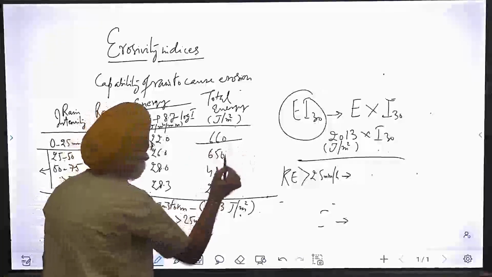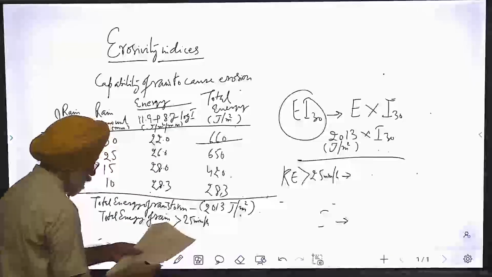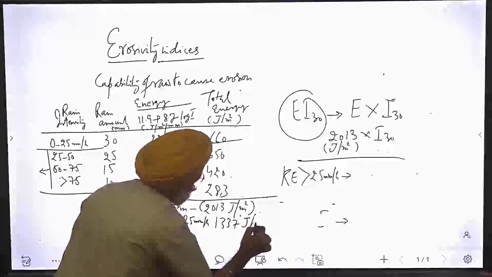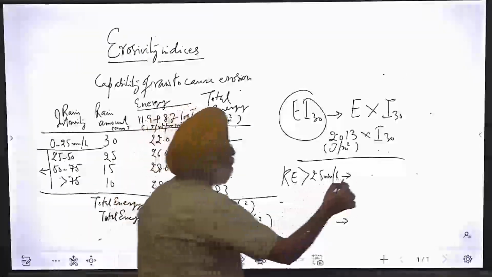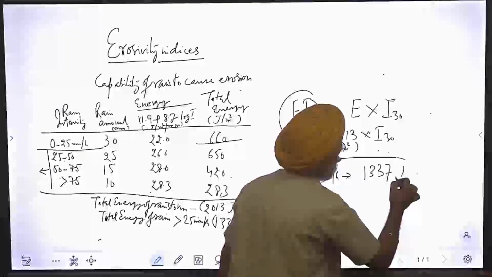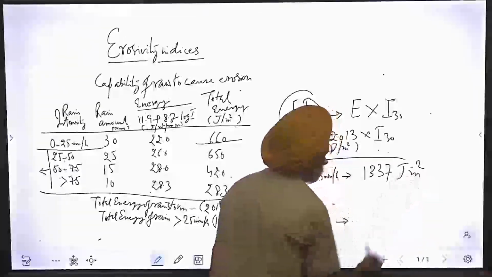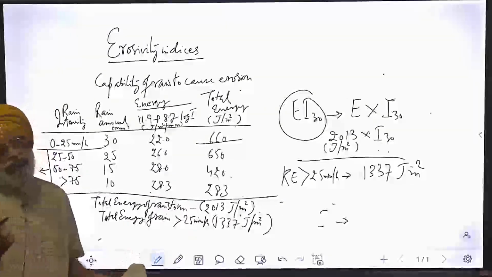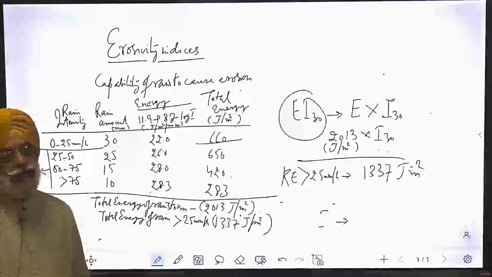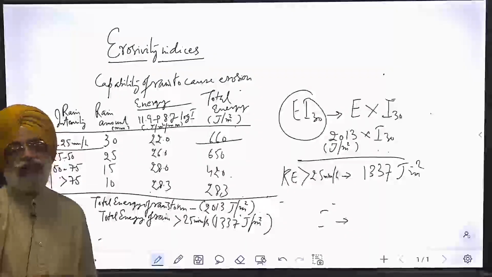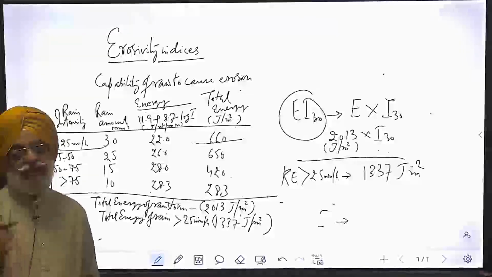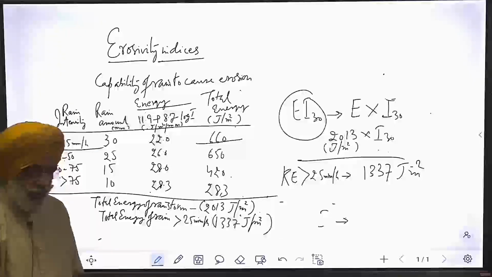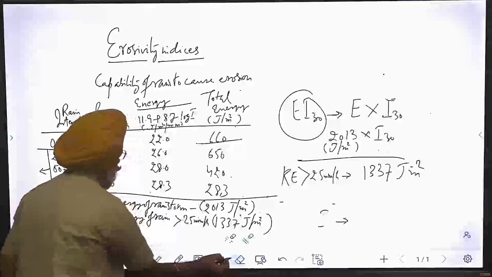So, you will exclude this, and you come out with the value 1337 joules per square meter. This is how you can simply get it from the same data. And AIM, that's all: you have to calculate the amount of rainfall in a 50-minute period, then multiply by the maximum intensity in any 15-minute period.